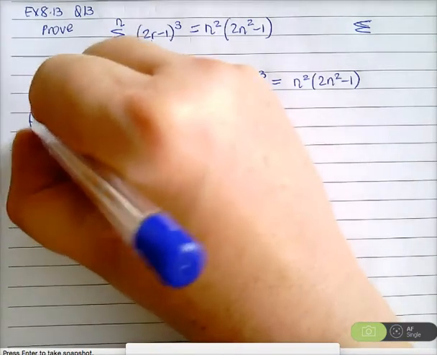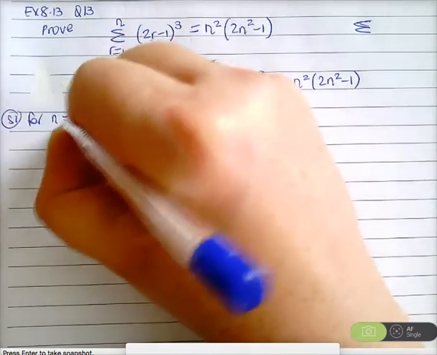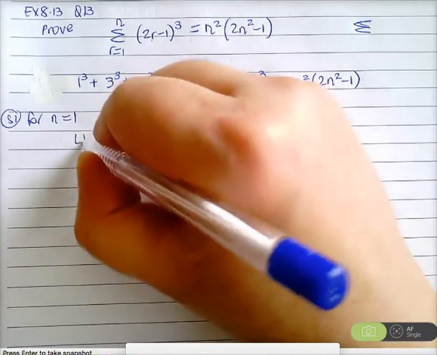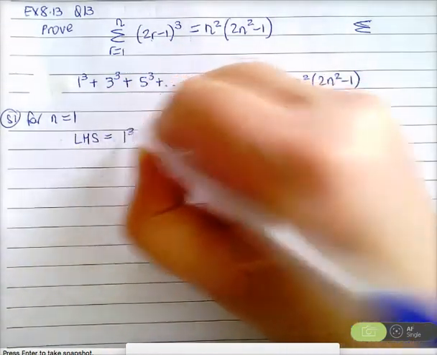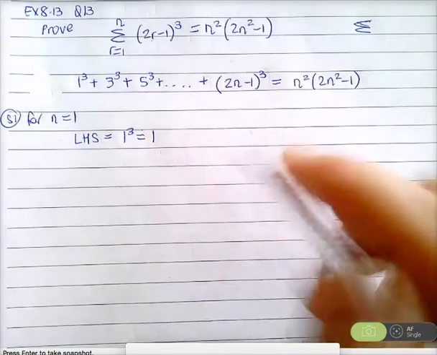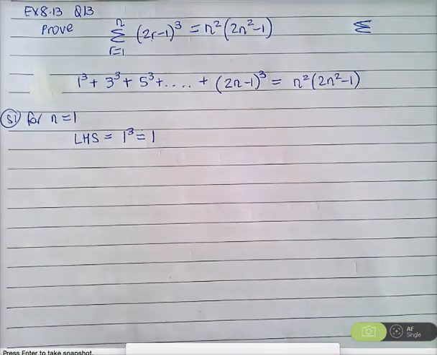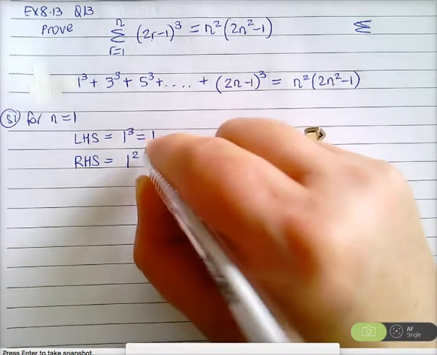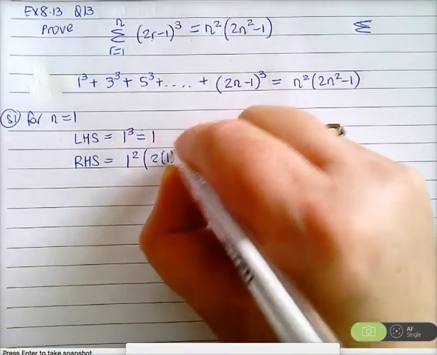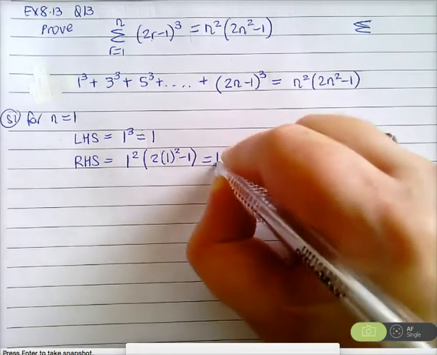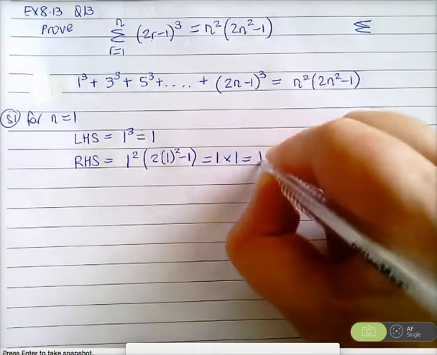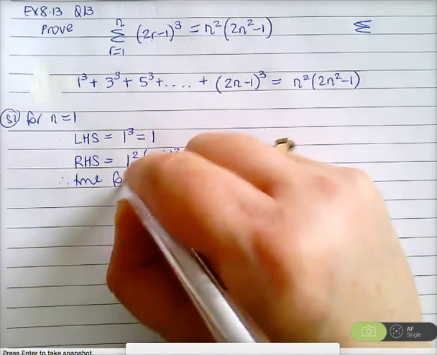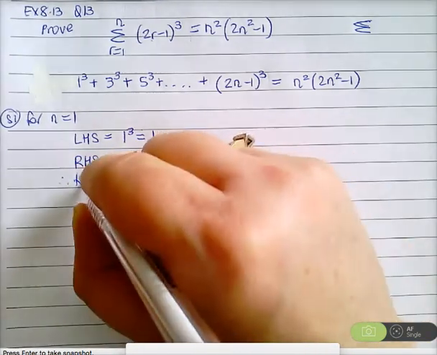Okay, so step 1 for n is 1. What do we get? Left-hand side is 1 cubed, which is 1. Or you can put it in there, same thing. All right, and the right-hand side is 1 squared times 2 times 1 squared minus 1, which is 1 times 1, which is 1. So therefore, it is true for n equals 1.